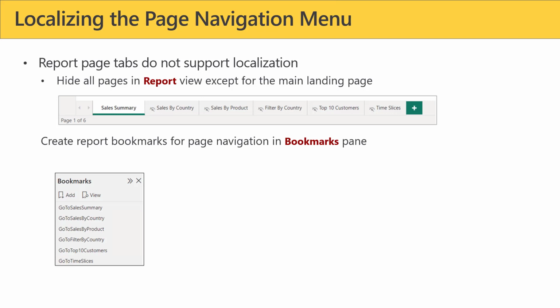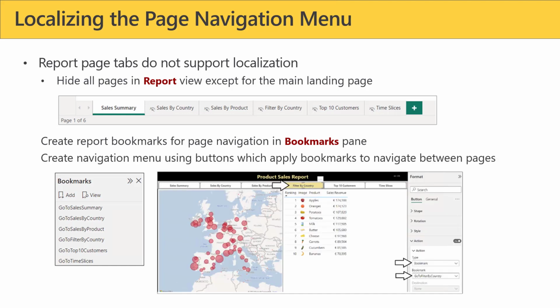Now, next step is you're going to create a report bookmark for each page to navigate to that page. And then what we're able to do is create some type of a toolbar with buttons. And we're going to take each one of these buttons and, when someone clicks it, apply a bookmark to navigate to that page.